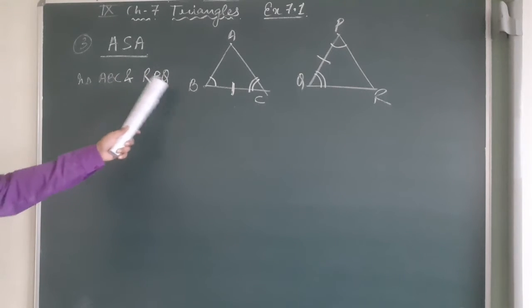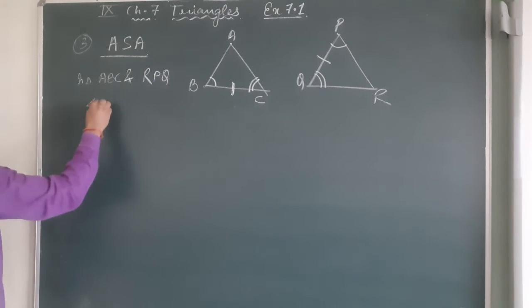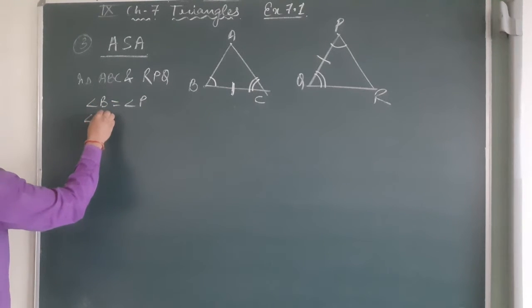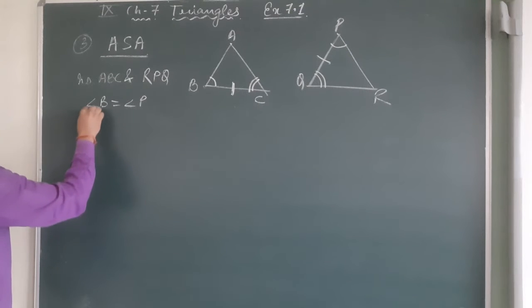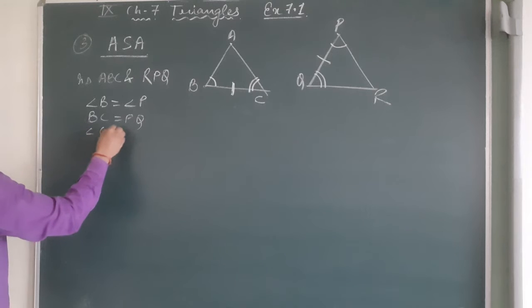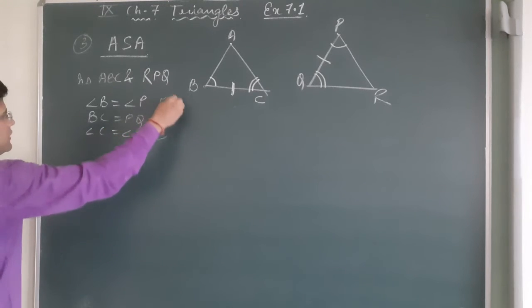So ABC, RPQ. So here we can write angle B equal to angle P, and side BC equal to PQ, and the last angle C equal to angle Q. All the things are given.